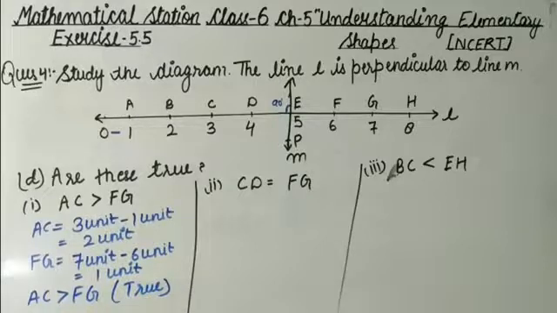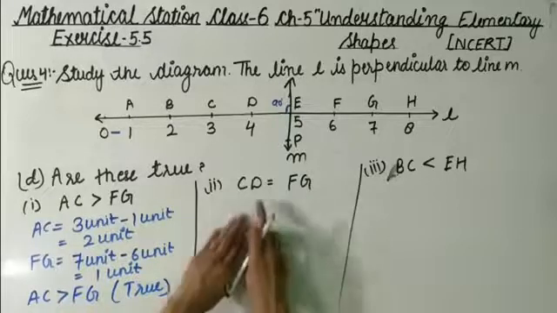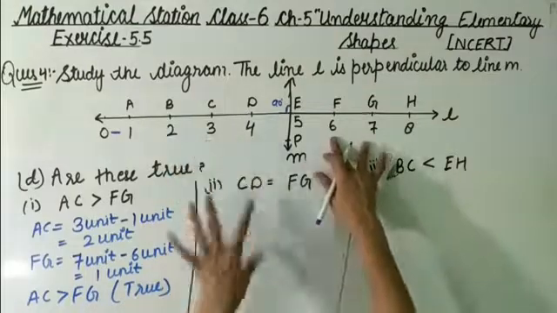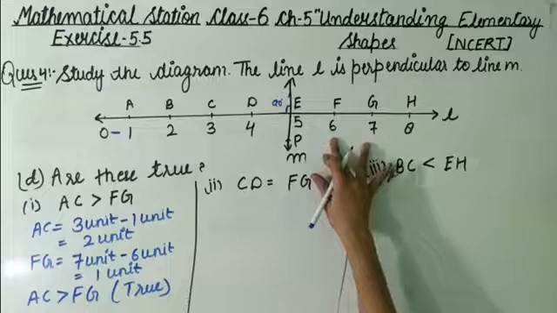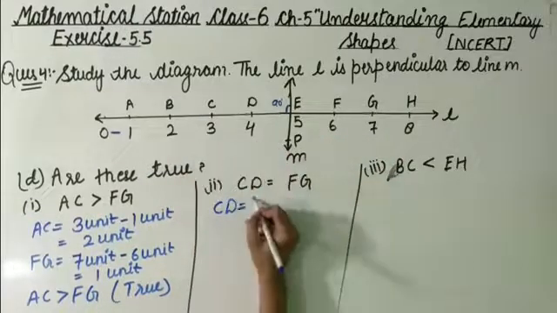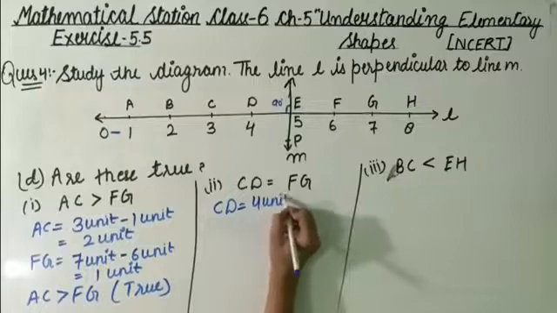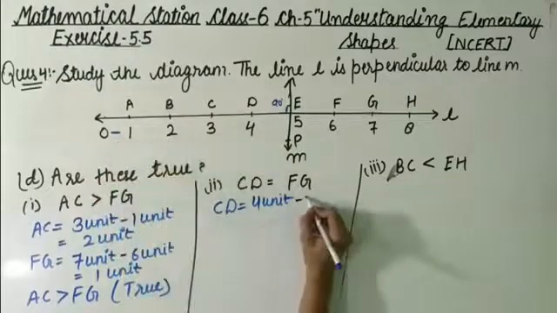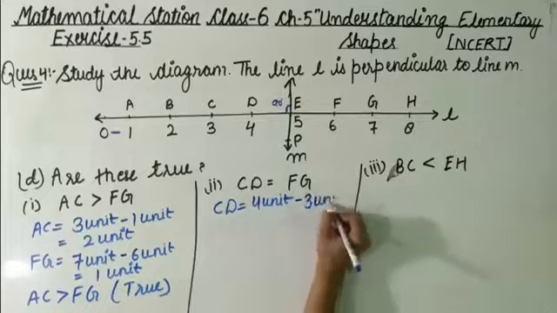Next is the second part, CD equals FG. Student, if we measure CD and FG, are they equal or not? So for CD, on point D there is 4 unit and on point C there is 3 unit. 4 unit minus 3 unit equals 1 unit.